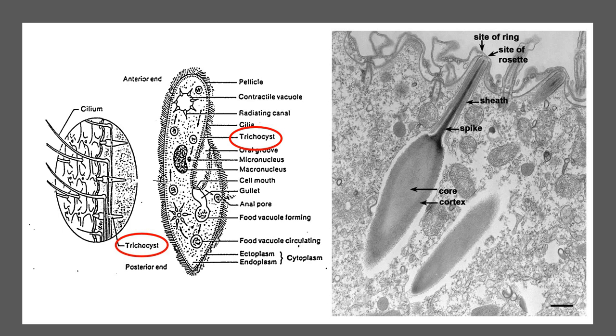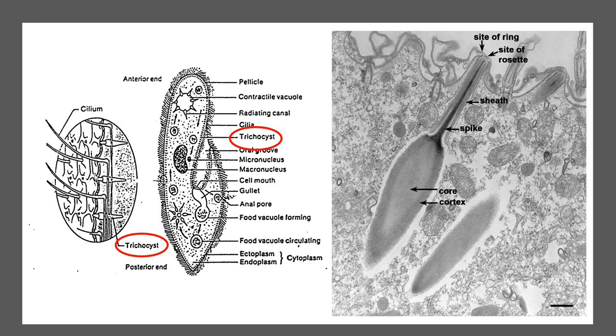Okay, if you look at the diagram of the paramecium over here, what you'll see is you have all the cilia on the outside, but inside you have all these little bumps that are shown. If you look close up over here on the left, you will see the trichocysts.